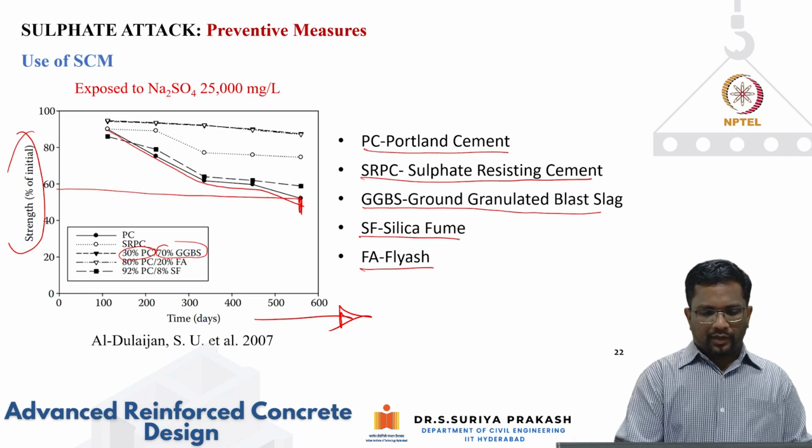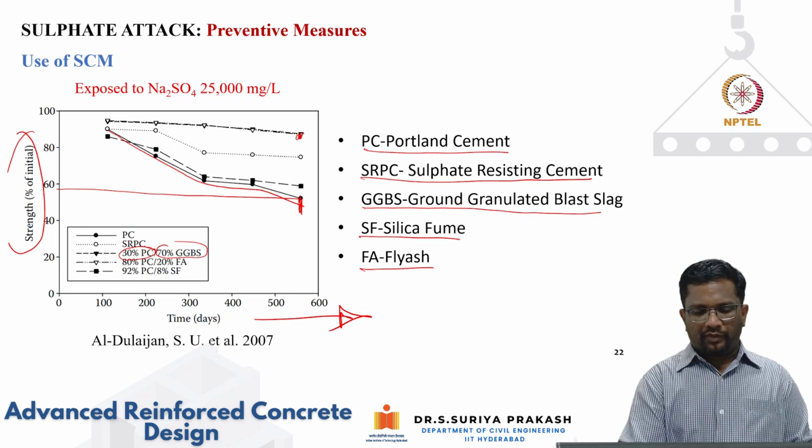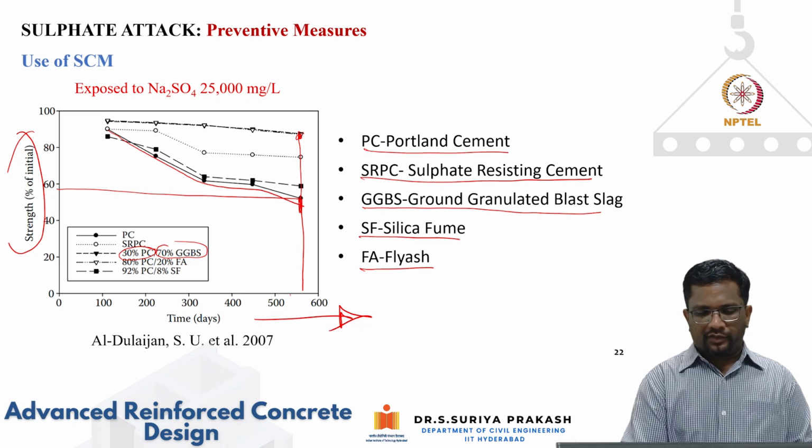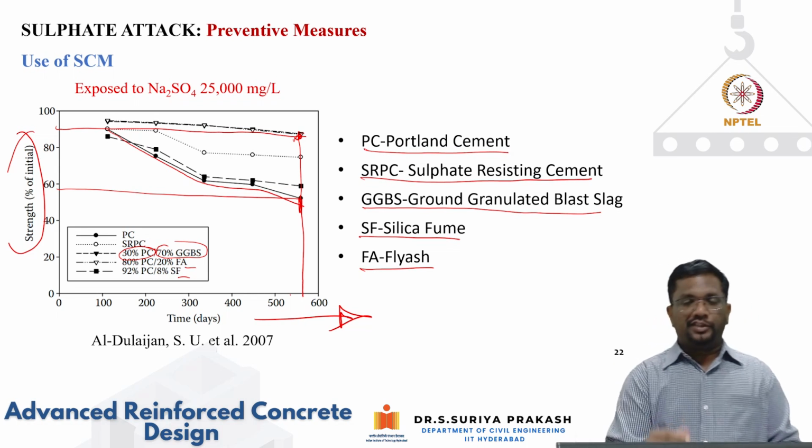However, if you start adding supplementary cementitious material, you can see that even at, let's say, 550 days, the strength reduction is only about 90 percent for fly ash and silica fume, fly ash and GGBS addition.